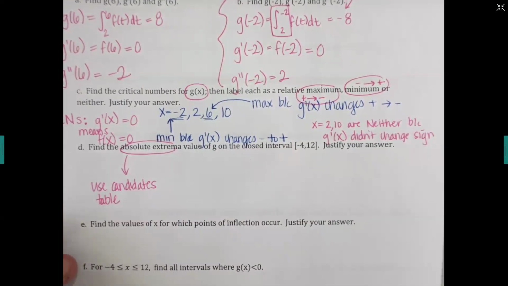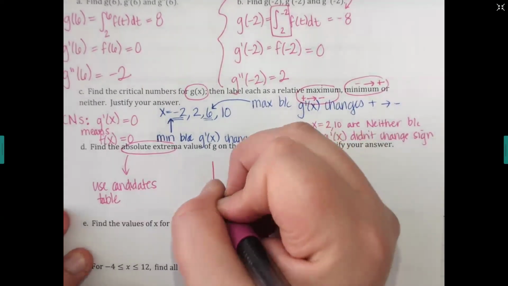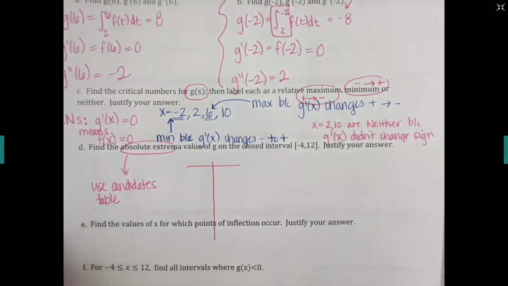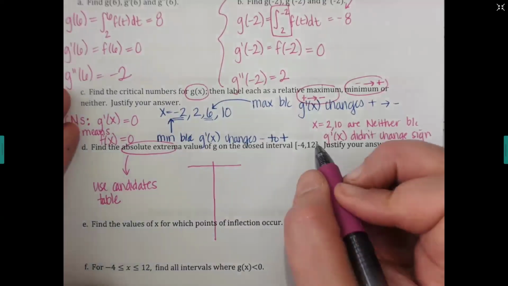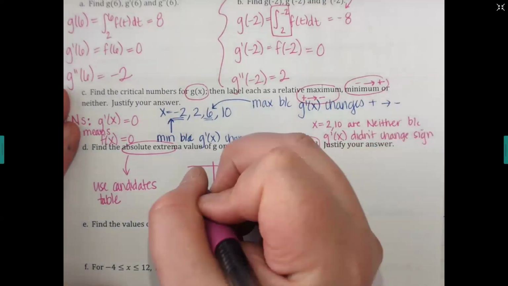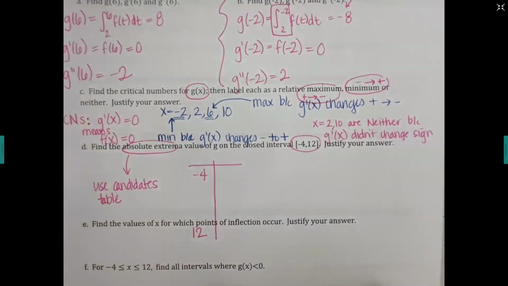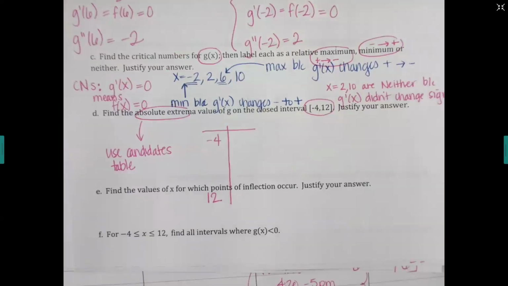Okay, for a candidates table, you're going to make yourself a little chart. And the only things that go in the chart are going to be the endpoints and the critical numbers. So if I'm going from -4 to 12, my endpoints are -4 and 12. And then I want to include all of my critical numbers, unless I know it's a neither, then I don't have to put it in the chart.